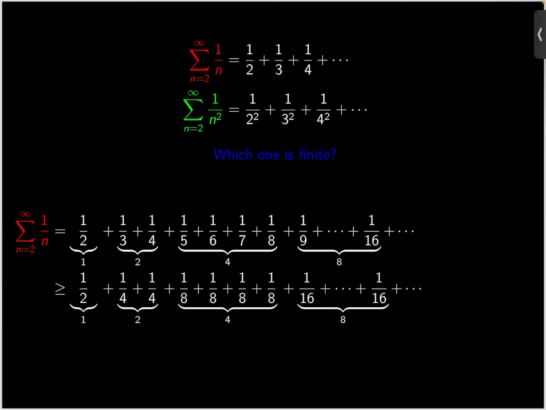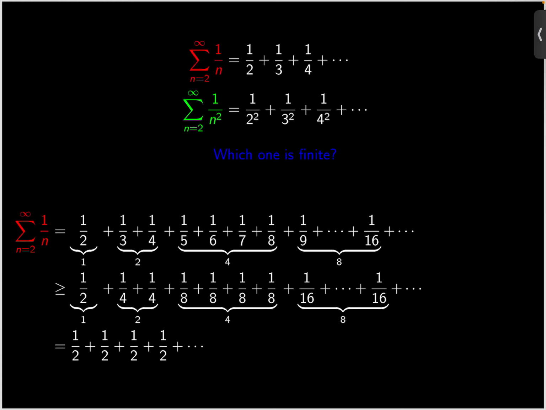What do you notice about all of these terms? Well, the half just comes down, but we've got 2 lots of a quarter, that's also a half. 4 lots of 1/8, that's also a half. 8 lots of 1/16, that's also a half, and we can continue on in this way. So the point is, no matter how deep we go into this series, we'll always be able to pull another factor of a half out.